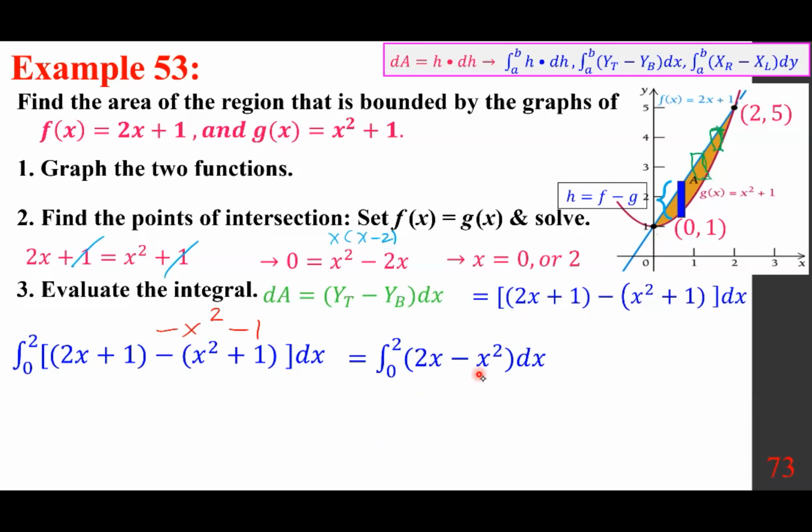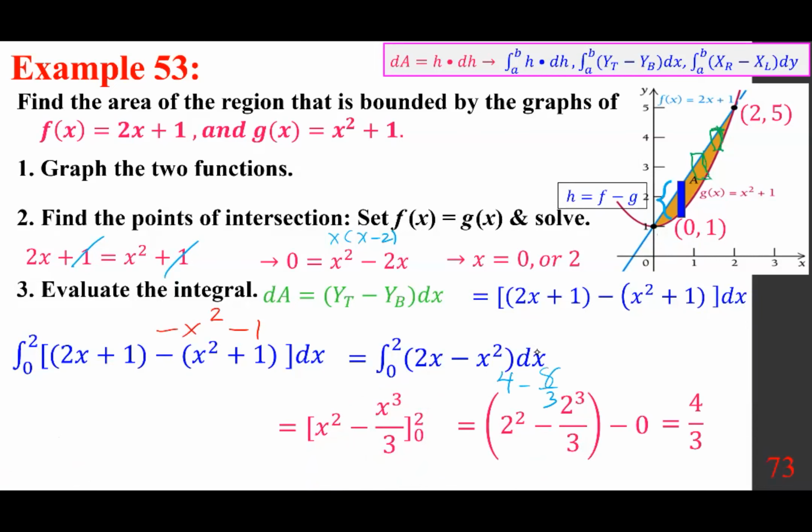This is x squared minus 1/3 x cubed from 0 to 2. If I plug in 2, I get 2 squared minus 2 cubed over 3. 0 just gives me 0. And so this is 4 minus 8/3. Or 12/3 minus 8/3 is 4/3.